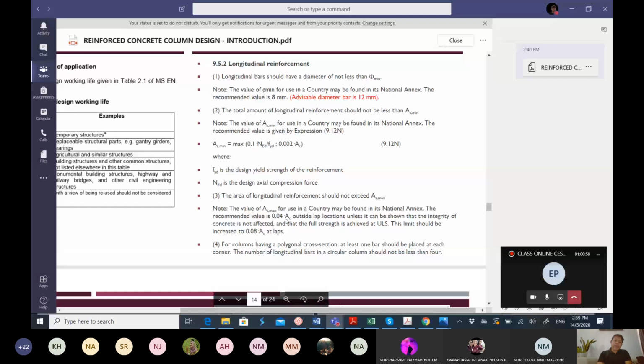So in terms of the number of reinforcement bars, you have to take note of this. For a square or rectangular column, the minimum number is 4, one at each corner. Normally if it is a square column, we will have 4. If it's rectangular, we can have more, because the rectangular will have two different dimensions, right?